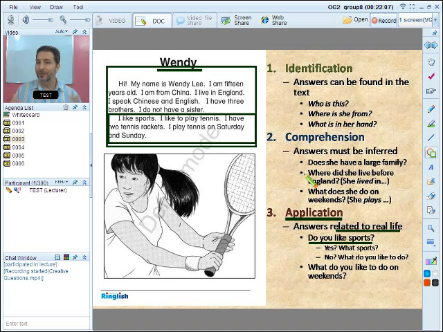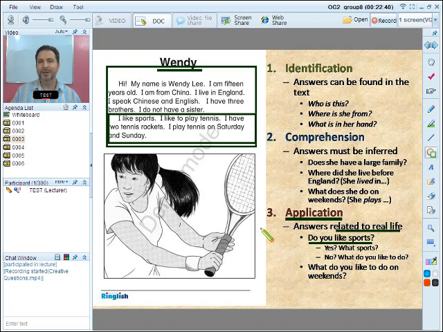So you could use that question to get them, or designed to get them, to express this new vocabulary form, or maybe to recover them from a lapse. And so they could say, oh, I play soccer, or I play baseball. And so you have a chance to allow them to use what they're learning from the text in real life. And so this is the idea behind creative questions.